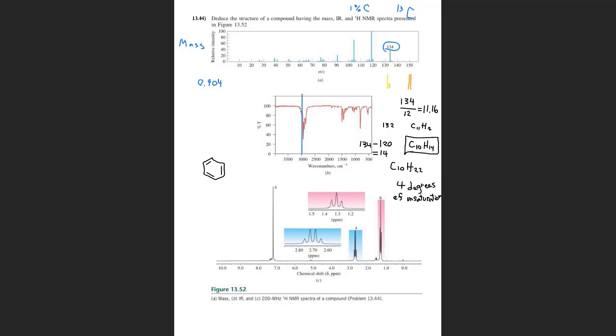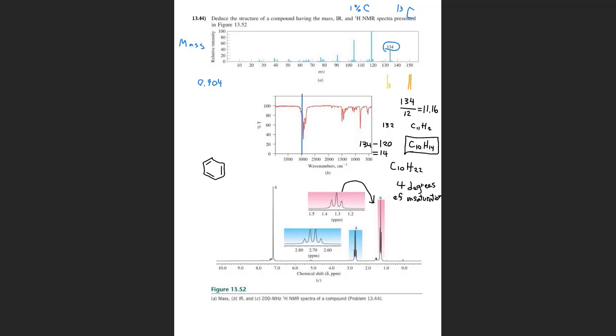Since it says that I have 4 aromatic hydrogens, this is going to be a di-substituted benzene ring. So now I have to look at what it shows me here in the HNMR. I see 6 hydrogens showing up as a triplet signal. 6 hydrogens in a triplet is going to be, well, what?